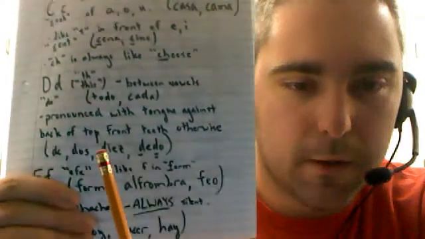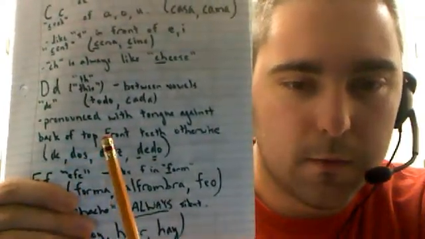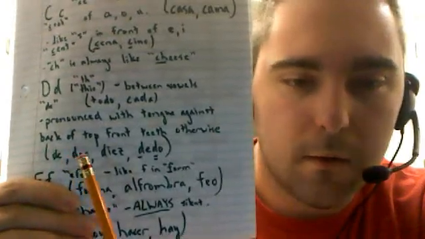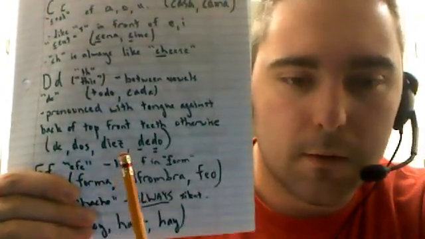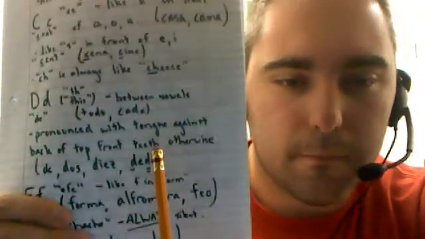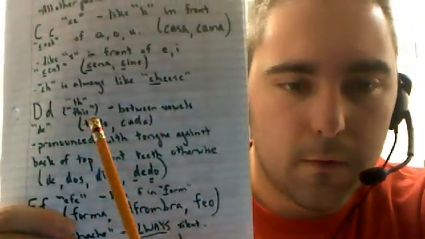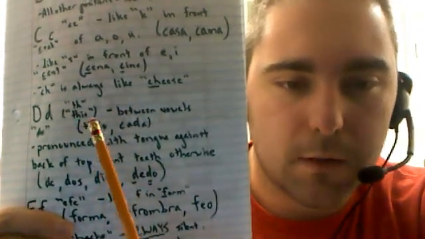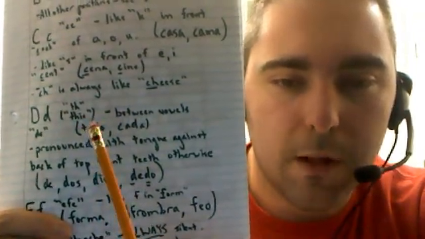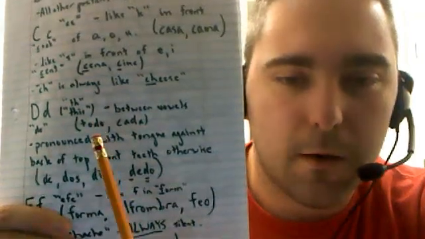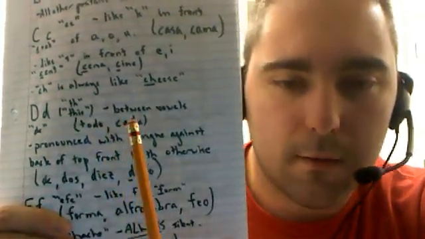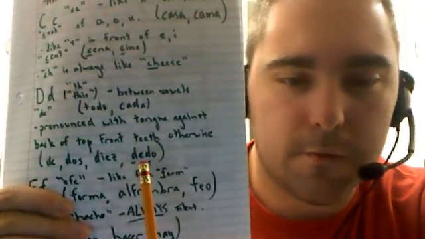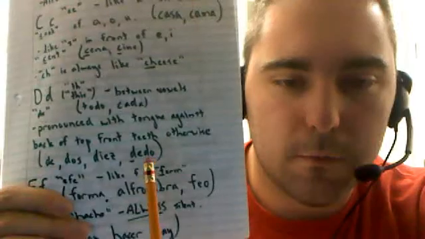This is pronounced as such when the de is at the beginning of the word, such as de, dos, diez, and dedo. When de is in between vowels, it's pronounced like the TH sound in the English word this. So we have todo and cada. Another word that uses both forms of the de is dedo, which means finger.